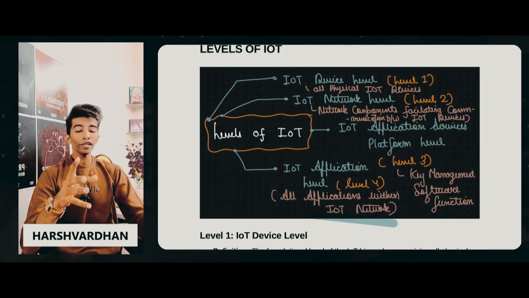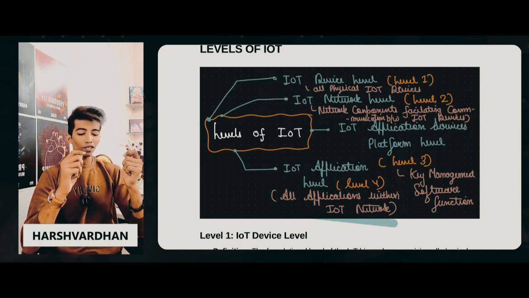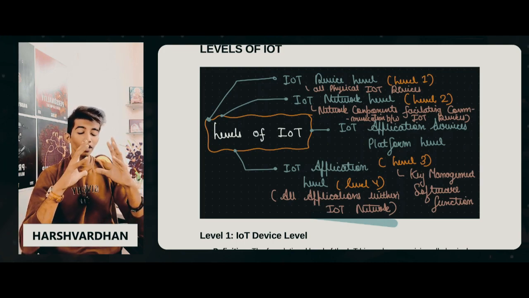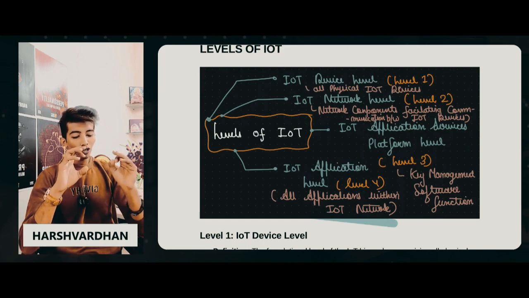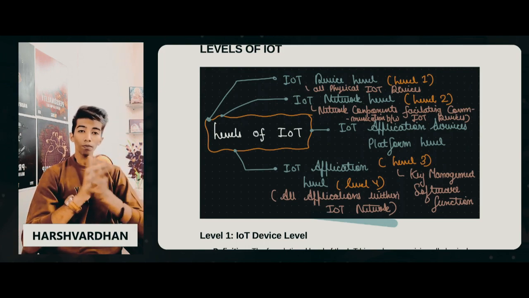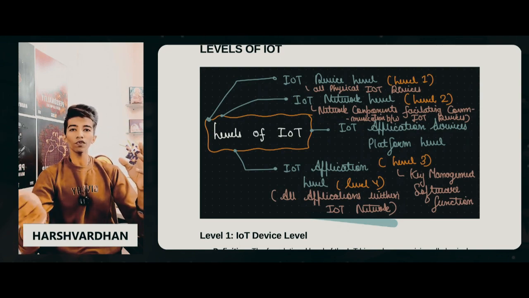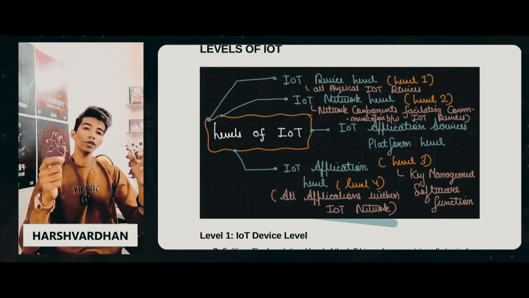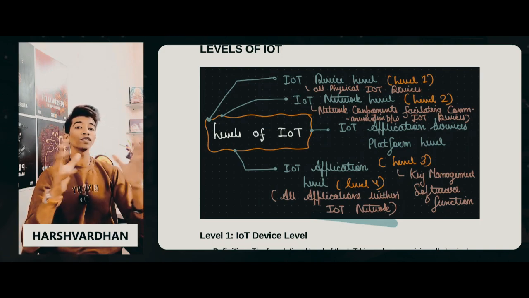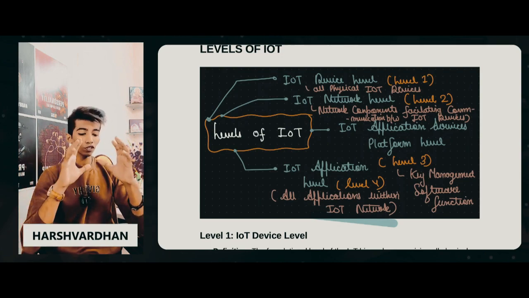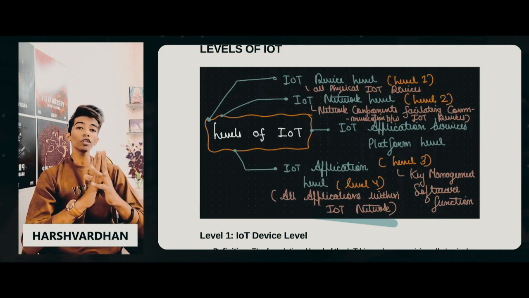There are certain levels on which our IoT systems work, so let's understand these levels. The first level is the IoT device level, where all the physical IoT devices are present. Then we have the IoT network level, which is also termed level 2.